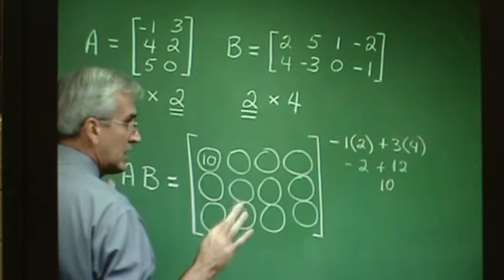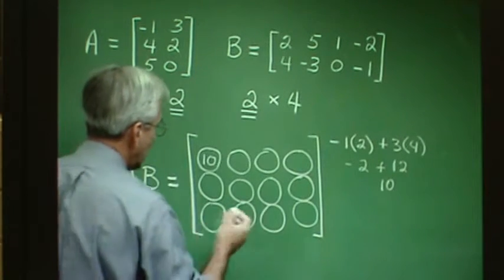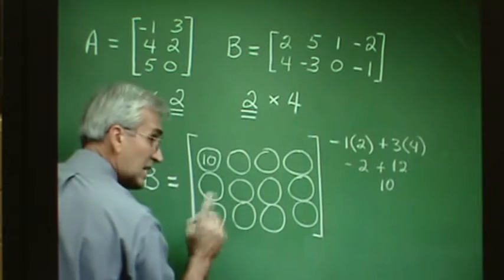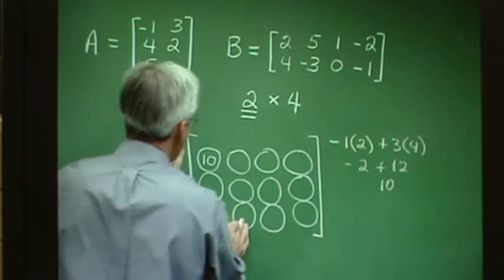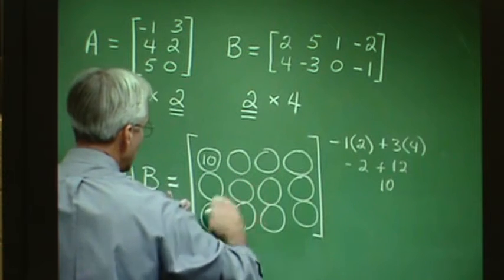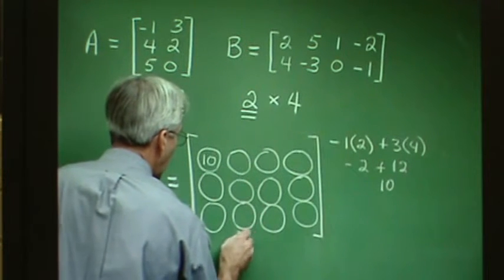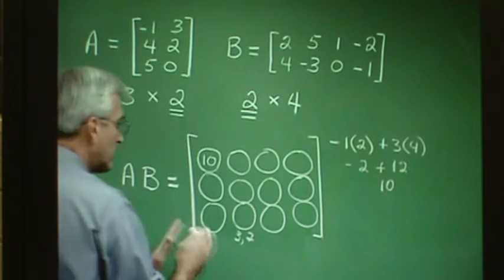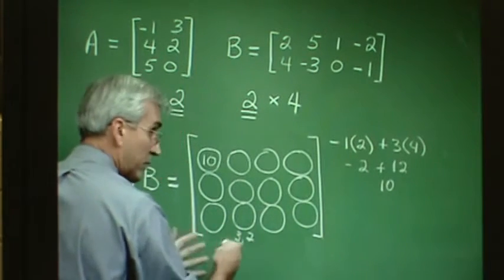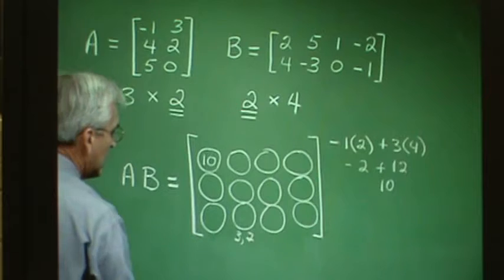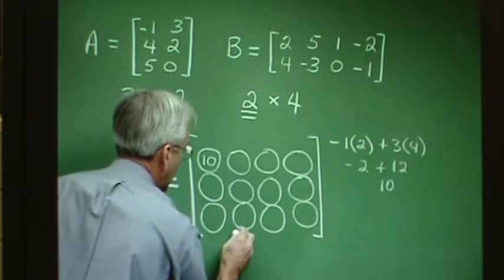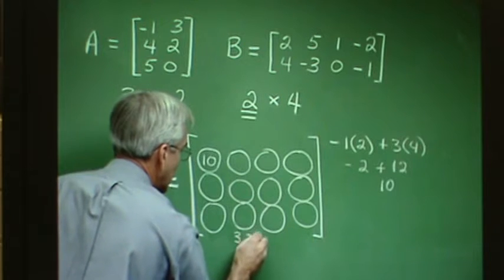Now let's take another spot, maybe somewhere down here. Now notice that this item is in the, well, let's see, rows and columns 1, 2, 3. This is in the third row, second column. Okay, this is the A subscript 3, 2 item. Let me write that a little better. Third row, second column.